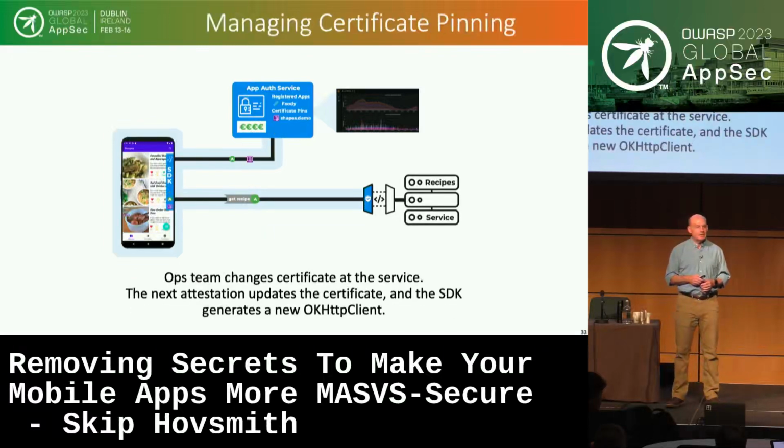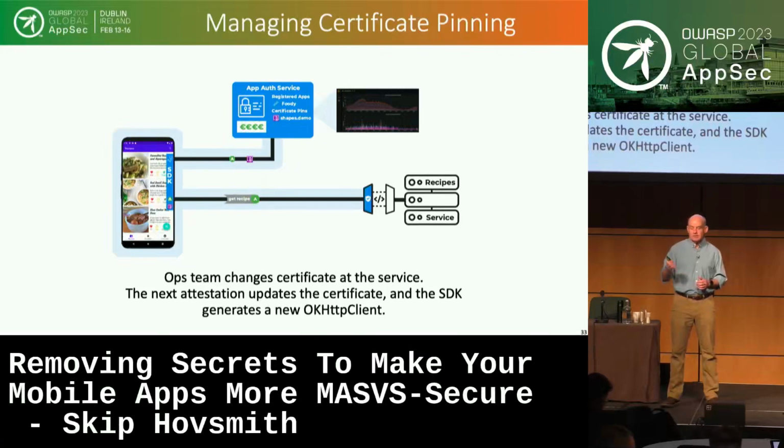Certificate pinning. The scary part about certificate pinning is that certificates expire and brick apps. This certificate is kind of another constant, so you can manage it up in the cloud. So now if a certificate expires, your app won't be able to communicate to your backend or to your third-party APIs.